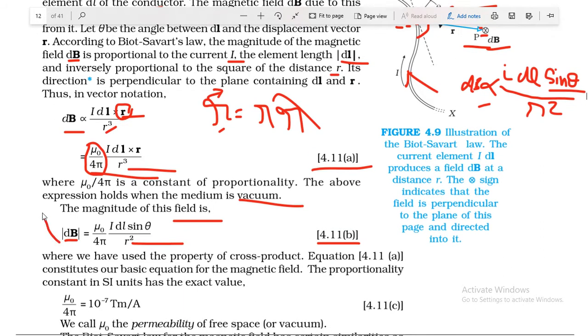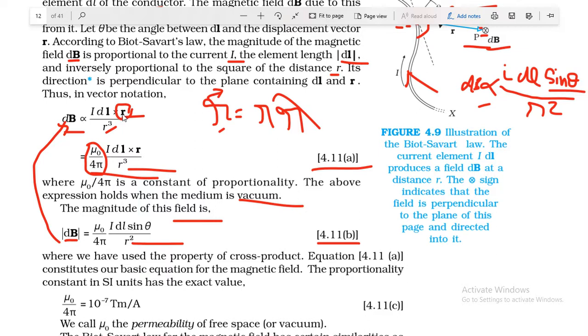The same equation can be represented in vector form by this equation. You can write this as I dl cross r, where r is the displacement vector. Since r is equal to the magnitude of this vector into r cap, here will be r cube.